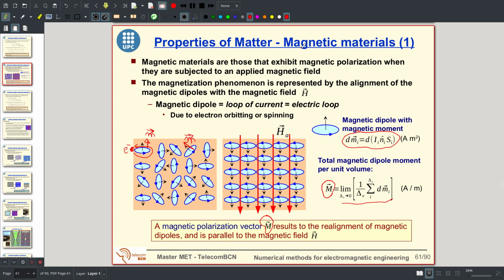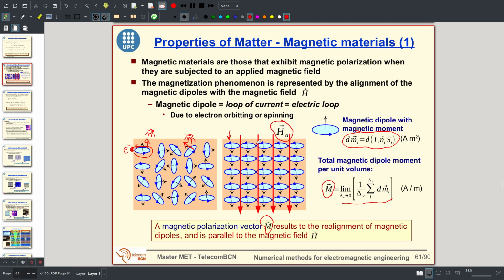When we apply an external magnetic field, we get the dipole moments aligned parallel to the magnetic field, in the same way as electric dipole moments in dielectric materials are aligned parallel to the electric field.